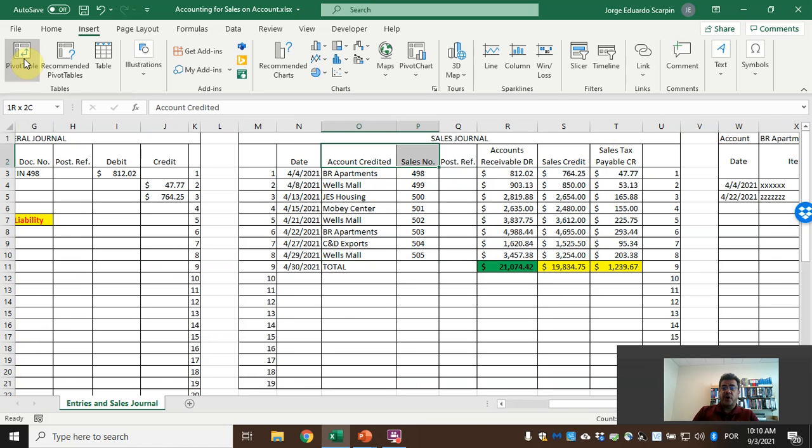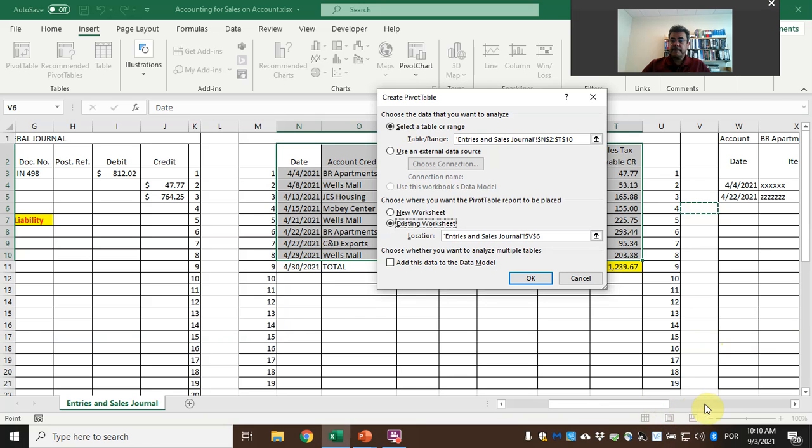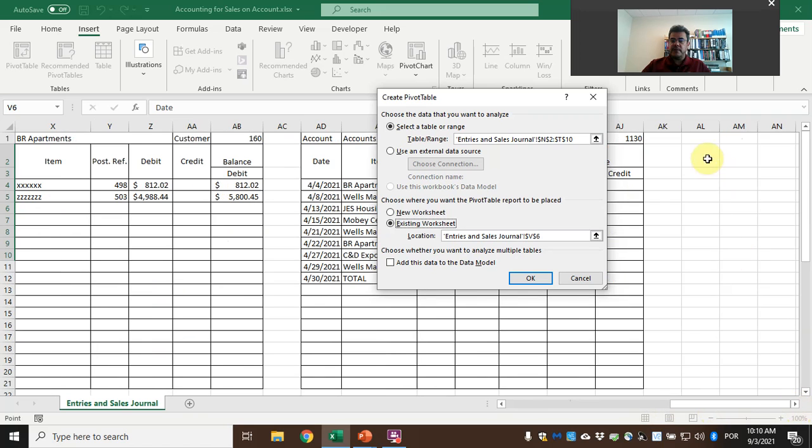So first of all, we select here our customers. We can also select the date, no problem. And then pivot table. This is the range for our table. Where do we want this pivot table? Let's not select the new worksheet. Let's select the existing one. We want this pivot table to be posted here.